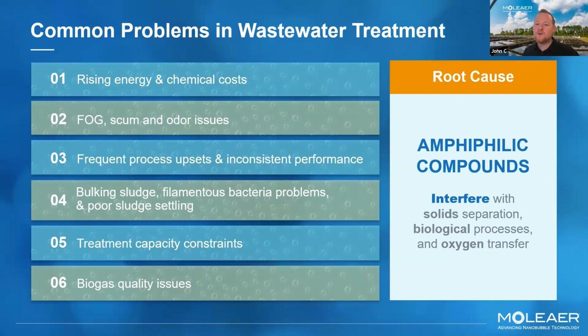We're also running into treatment capacity constraints. Globally, populations are increasing within the existing cities. Normally, when cities expand and grow, there's plenty of money that's given to increasing the infrastructure as well.